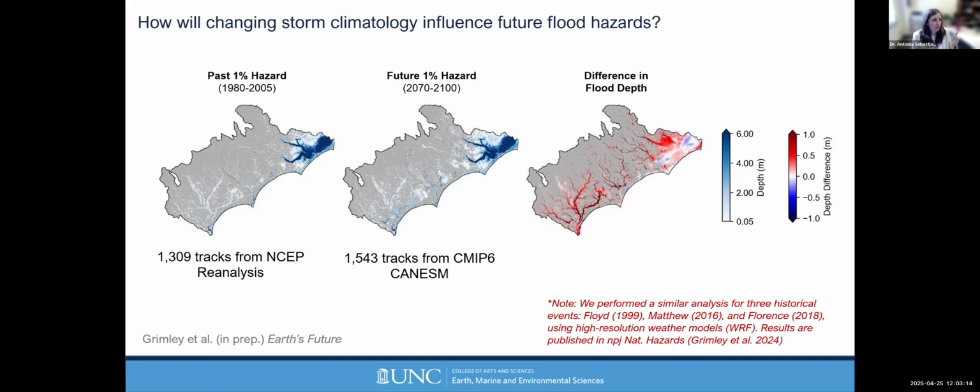So it's a little over 1,000 tracks in both scenarios. And then we looked at the difference in the predicted flood hazard and saw, of course, as one would expect, that due to climate change, we see a lot more flooding and a lot deeper flooding. I do want to note we also did this using high resolution weather models, which are much more computationally expensive, and those are published in another paper.